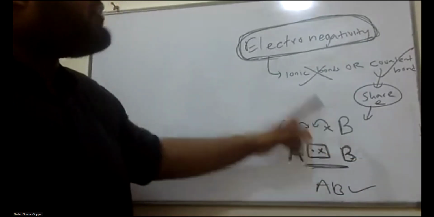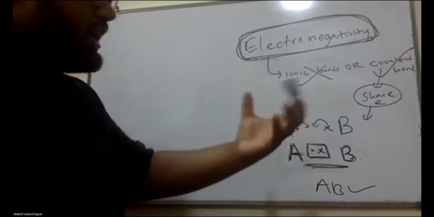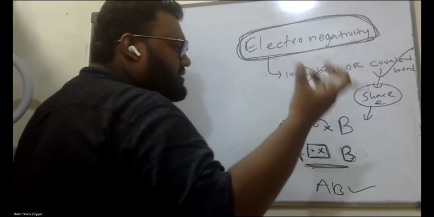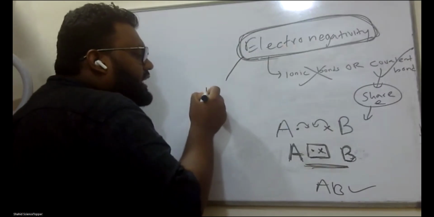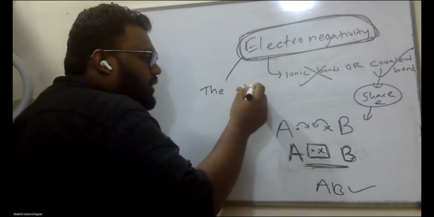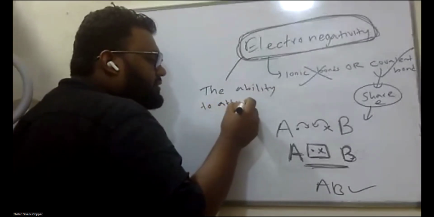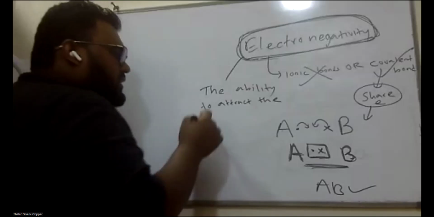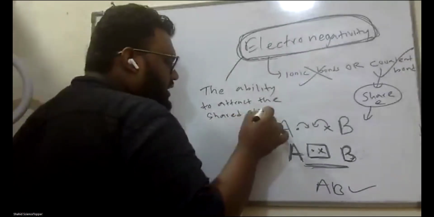Each atom is going to have some amount of electronegativity. Electronegativity basically means the ability to attract the shared electron.